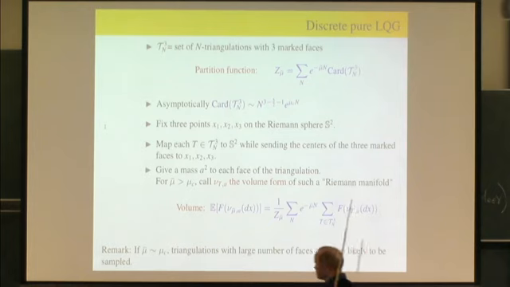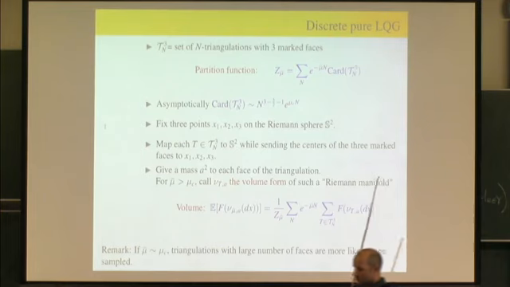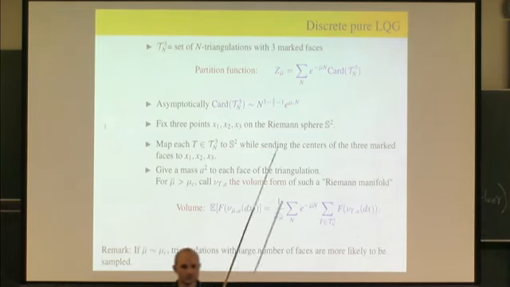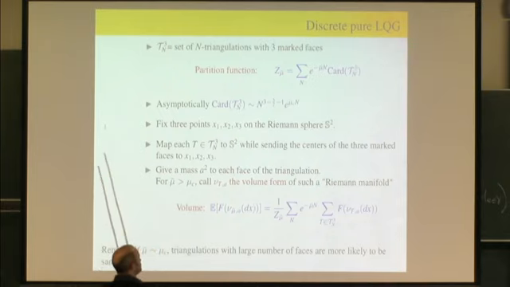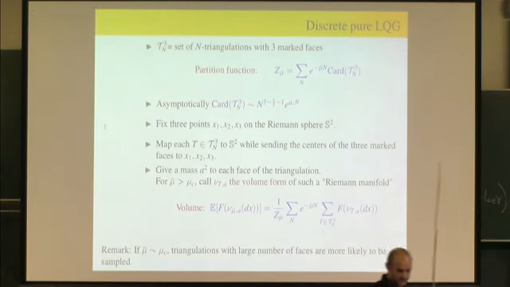I will now consider the set of triangulations with n marked faces. When you define your conformal structure on the triangulation, it does not matter if you have marked faces or not. You just glue your triangles as you should do, and you don't care about the marked faces.